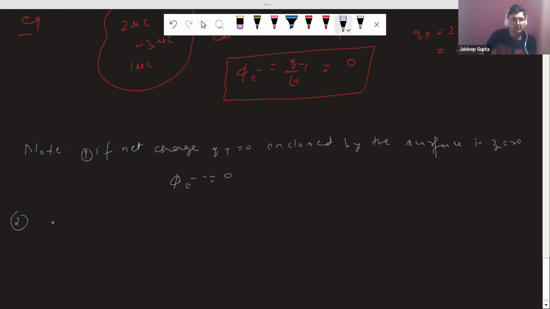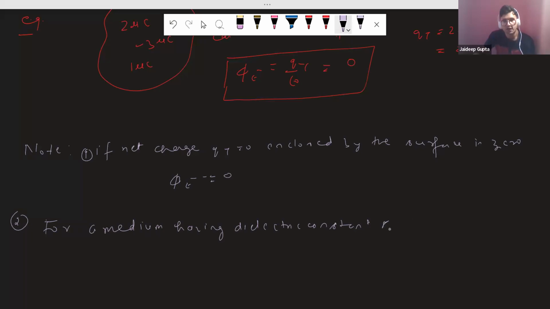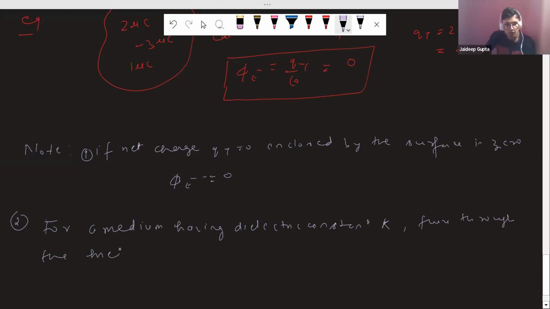Second, let it be a surface. If we change the medium, for a medium having dielectric constant K, the flux through the medium, let it be phi dash, equals phi over K. All right.